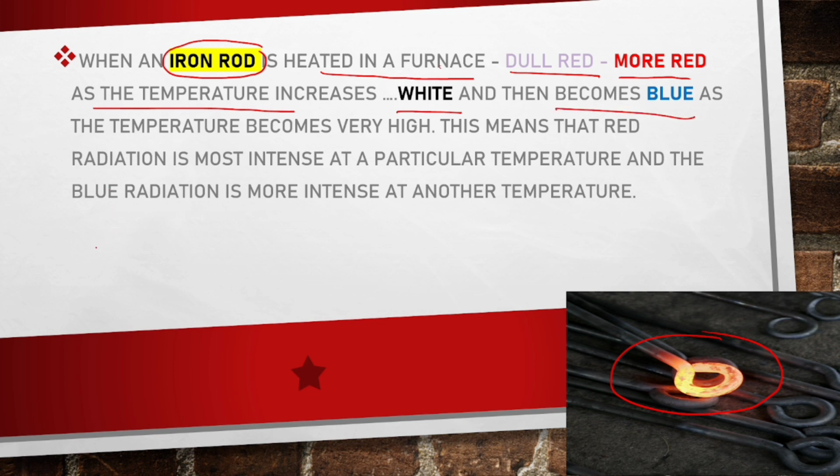First it becomes a dull red color, then more and more red. As the temperature increases, it becomes white, then turns blue when the temperature becomes very high. This means that red radiation is the most intense at a particular temperature and blue radiation is the most intense at another particular temperature.